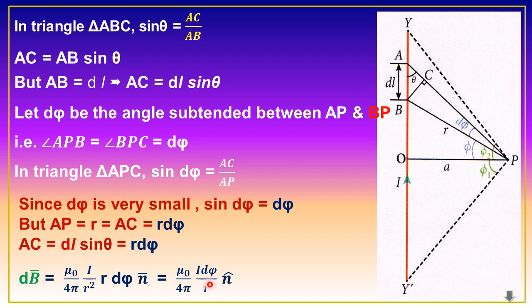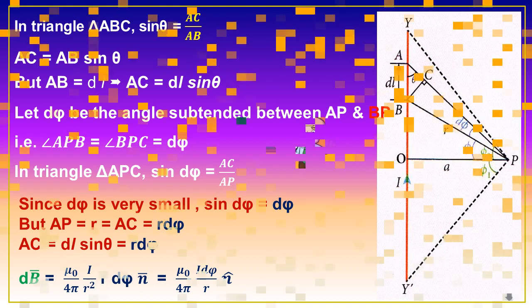We cancel R and R square, so we get mu naught divided by 4 pi into I d phi divided by R into n cap. We don't have R square anymore.